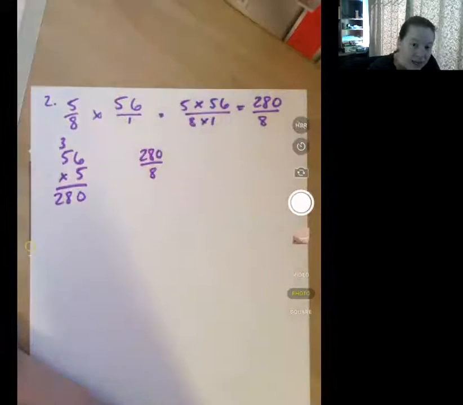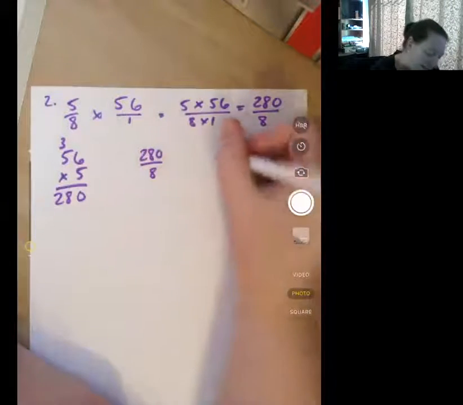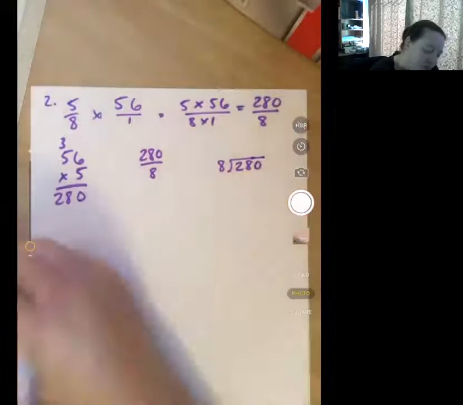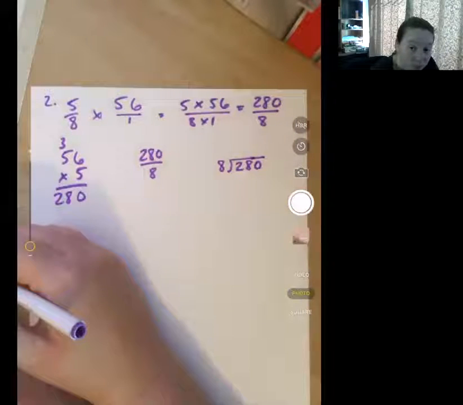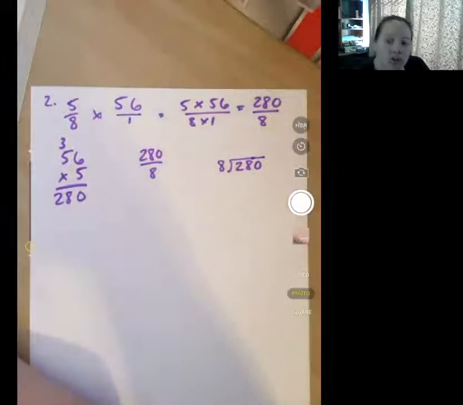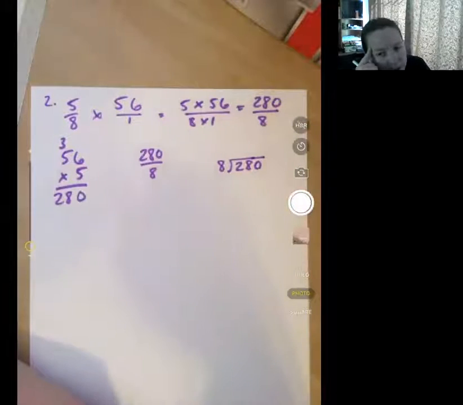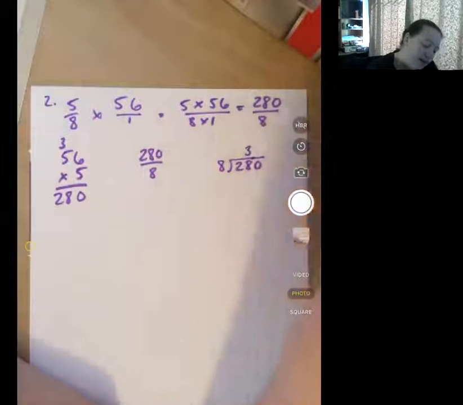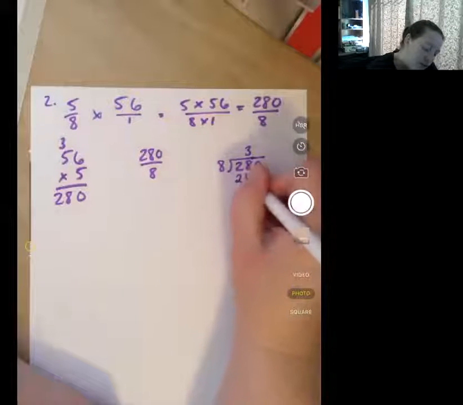Now I need to see how many times does 8 go into 280. Well, 8 can't go into 2, but it can go into 28. So we're going to think, how many times does 8 go into 28? 3, because 8 times 3 is 24.